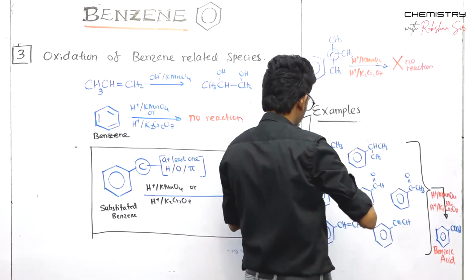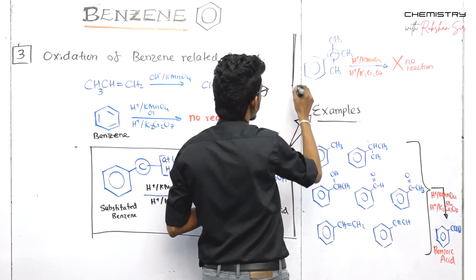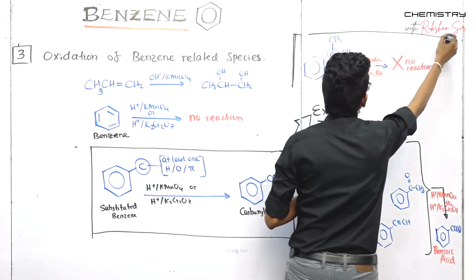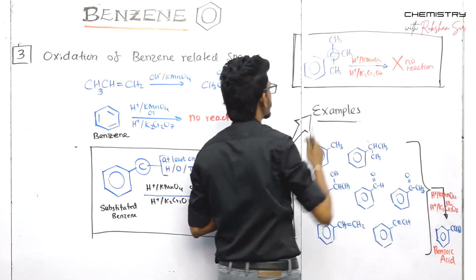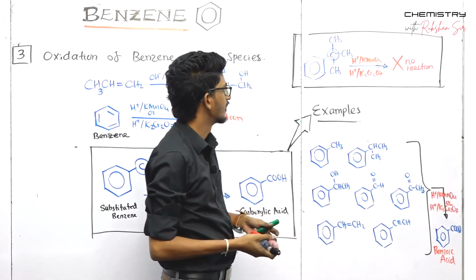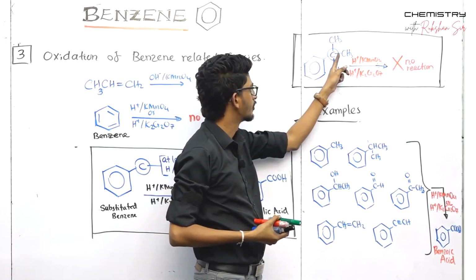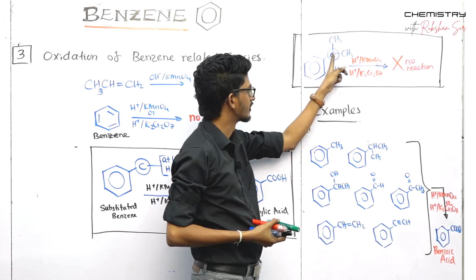Other than this thing, almost all the stuff with a carbon connected to the ring will produce the benzoic acid, right? So in this case, you clearly see the carbon-hydrogen bonds are not there with this carbon, carbon-oxygen bonds are not there with this carbon, as well as no carbon pi bonds with this carbon, right?